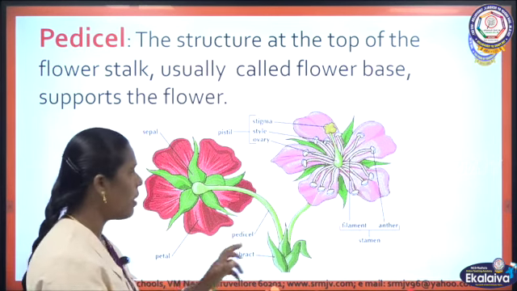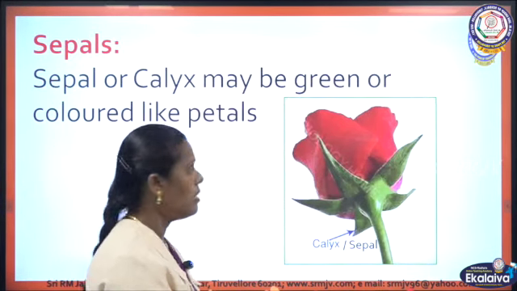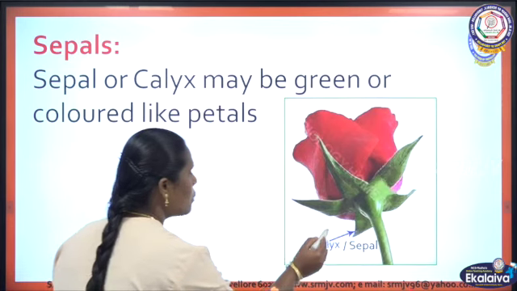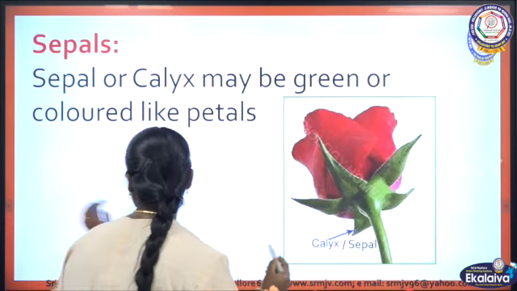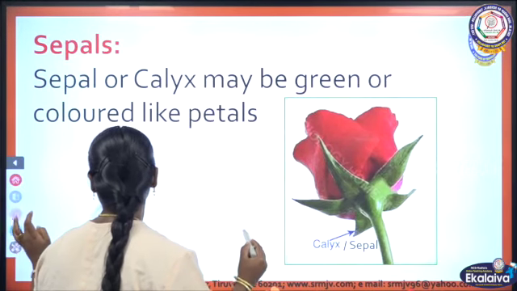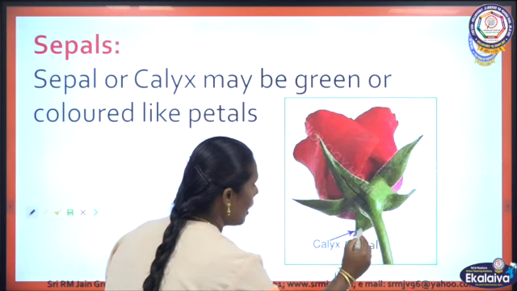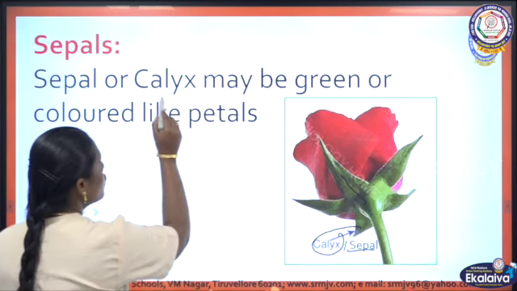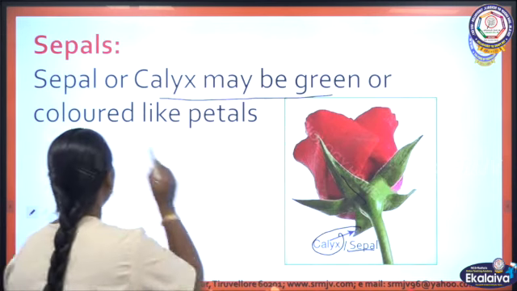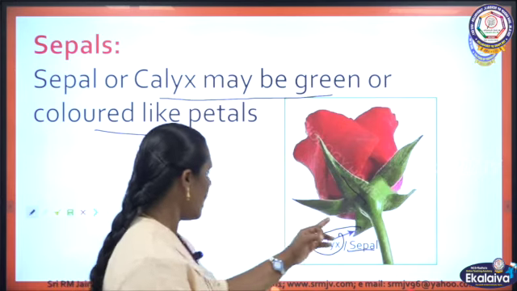The second part of the flower is the sepals. See where it is present. This is the sepals, or otherwise we can say calyx, right? The sepals or calyx may be green colored like leaves.